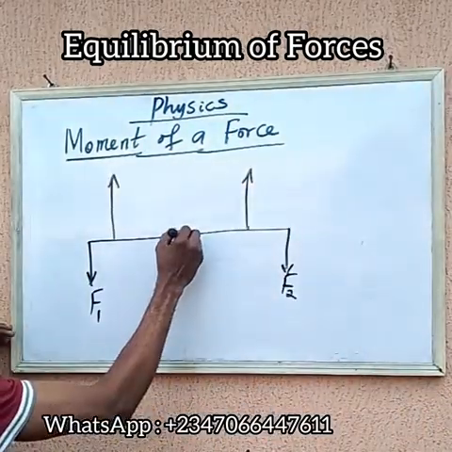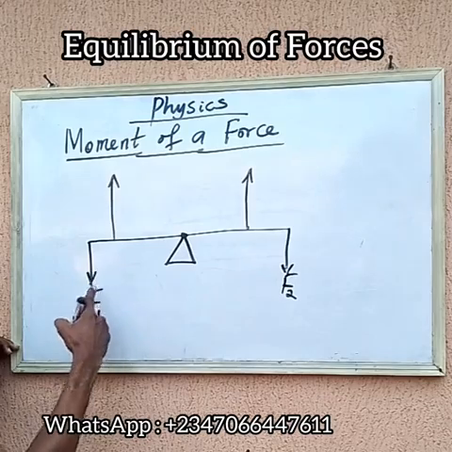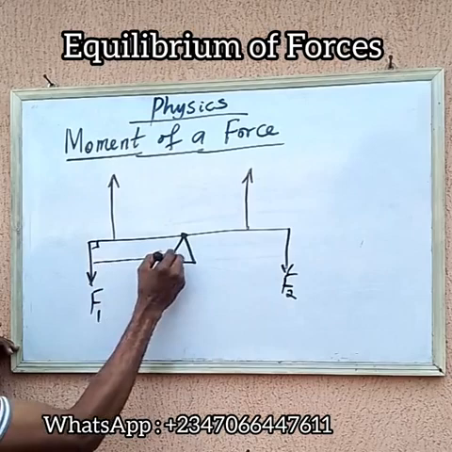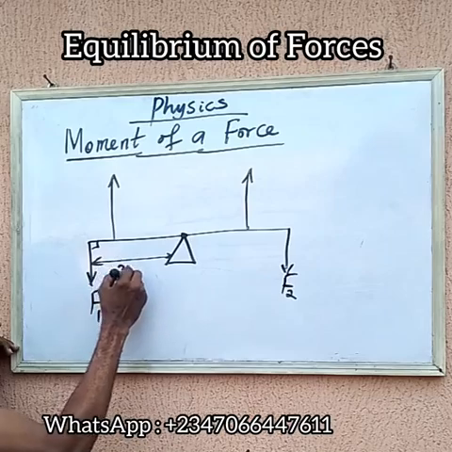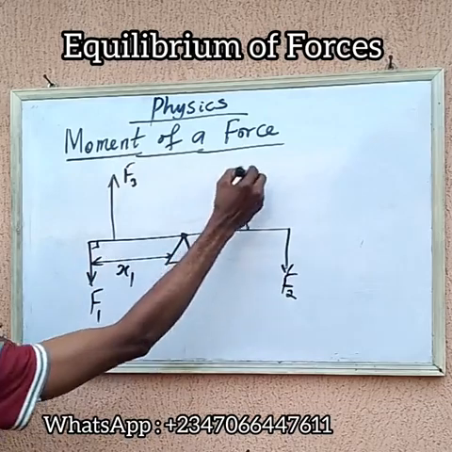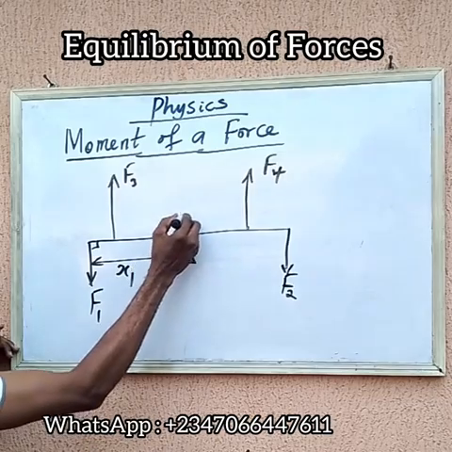Now look at this one. For example, this is the fulcrum where we are taking moments. The distance that will be perpendicular to this F1 is from here down to this point. Since this one is F1, we can call this one X1. This is F3, and this is F4. Now look at the distance. This is the fulcrum from here.